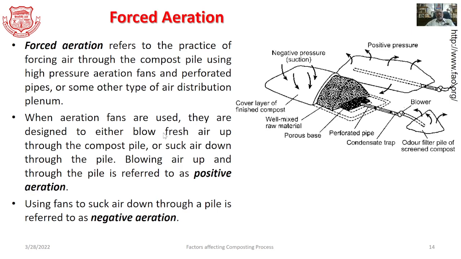When these aeration fans are used, they could be designed to blow the fresh air up through the compost piles, or otherwise to suck the air out. Blowing air up through the piles is referred to as positive aeration, whereas sucking the air through these blowers is referred to as negative aeration.